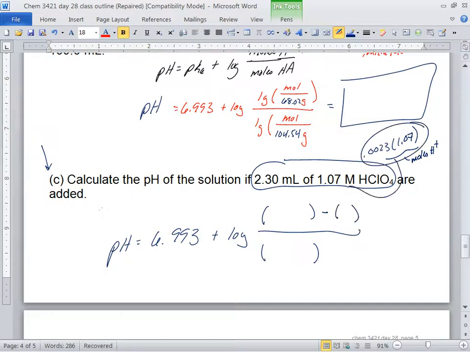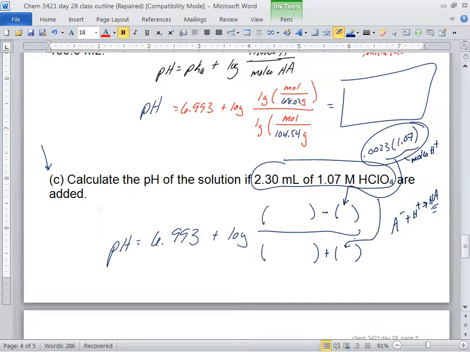The conjugate base reacts with this acid, and A minus reacts with H plus and forms HA. So I'm going to be adding those moles here.